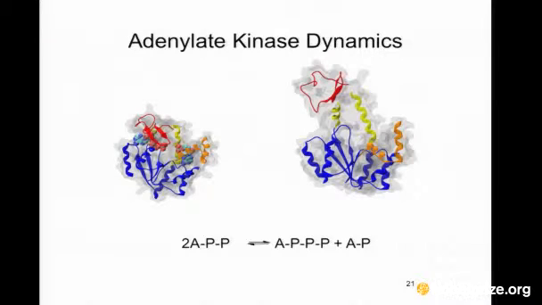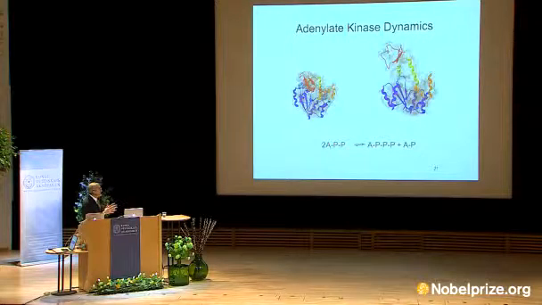The chemistry has been optimized so much that the chemistry is no longer the rate determining step. These are perfect enzymes in Jeremy Knowles' way of describing things, in that the rate determining step of the overall reaction is not the chemistry, but rather the opening of the system to let the products escape.